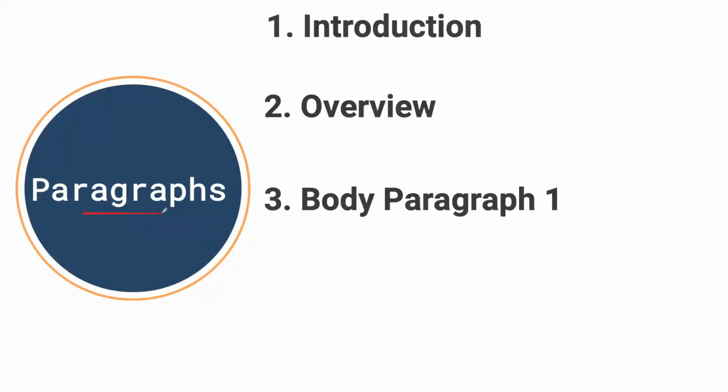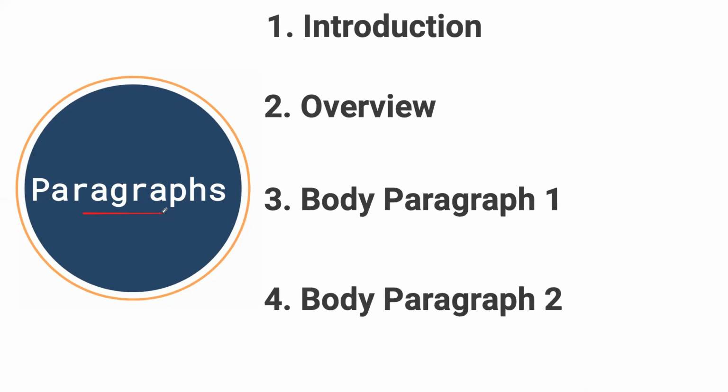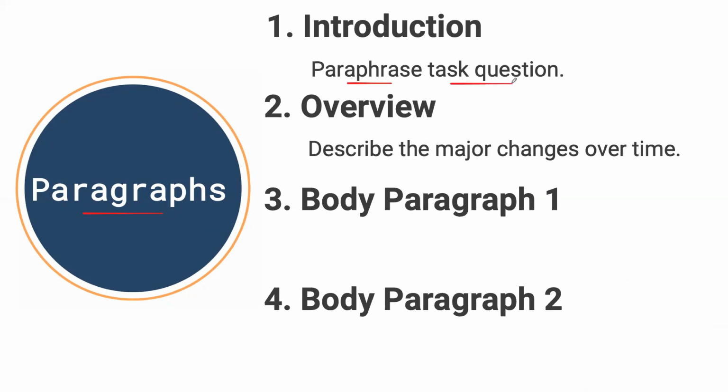This is the outline we're going to use. So we have an introduction, an overview paragraph, a body paragraph 1, and a body paragraph 2. Sticking to this foolproof outline is very helpful. I would suggest you do it. In our introduction, we are going to paraphrase the task question. Then in our overview paragraph, we're going to describe the major changes over time from the maps.